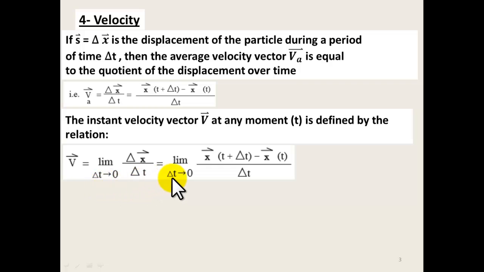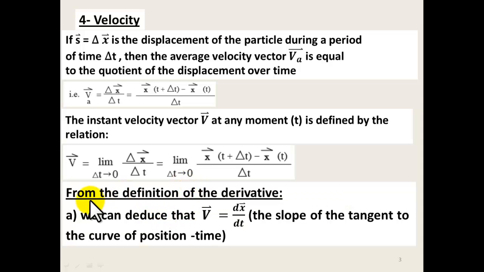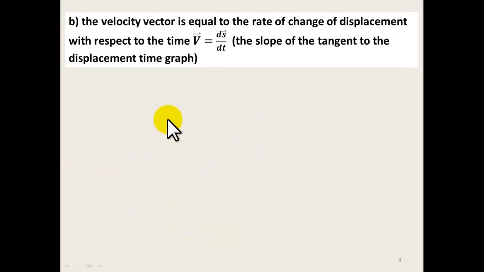It is equal to the limit of x(t plus delta t) minus x(t) over delta t as delta t tends to 0. From the definition of the derivative, we can deduce that v equals dx by dt. It is the slope of the tangent of the curve of the position-time graph.